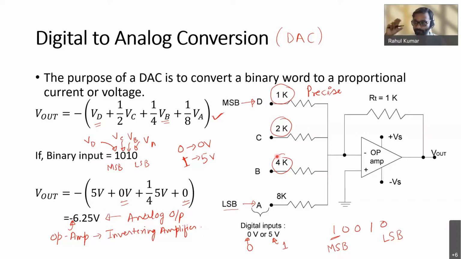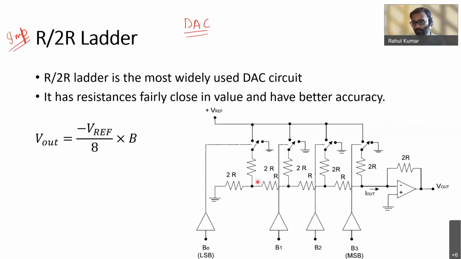So the difference was quite a lot. Okay. So in this case, what we do is we use only 2 resistors, right? One is R and another is 2R. So using only 2 precise value resistors, we can build this circuit. Okay.